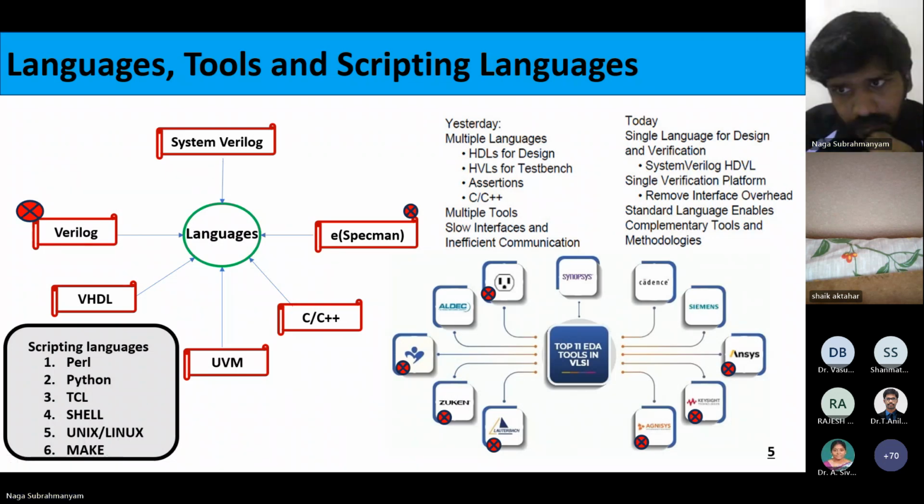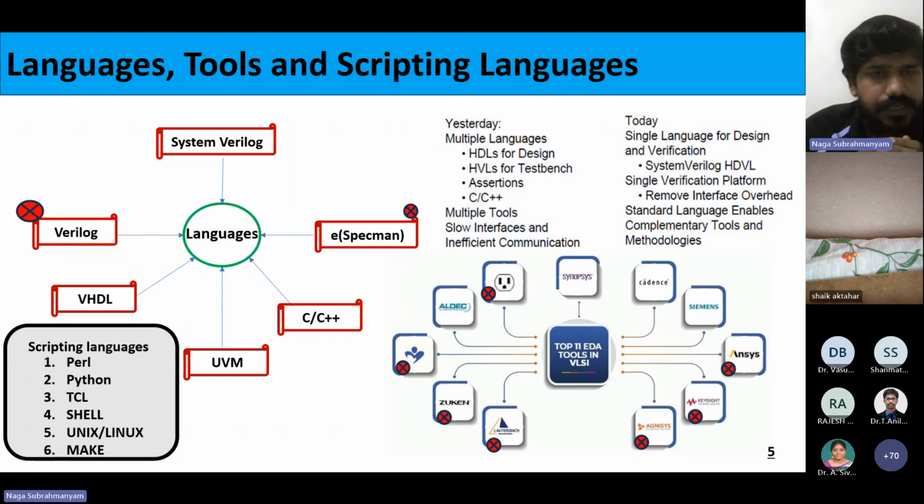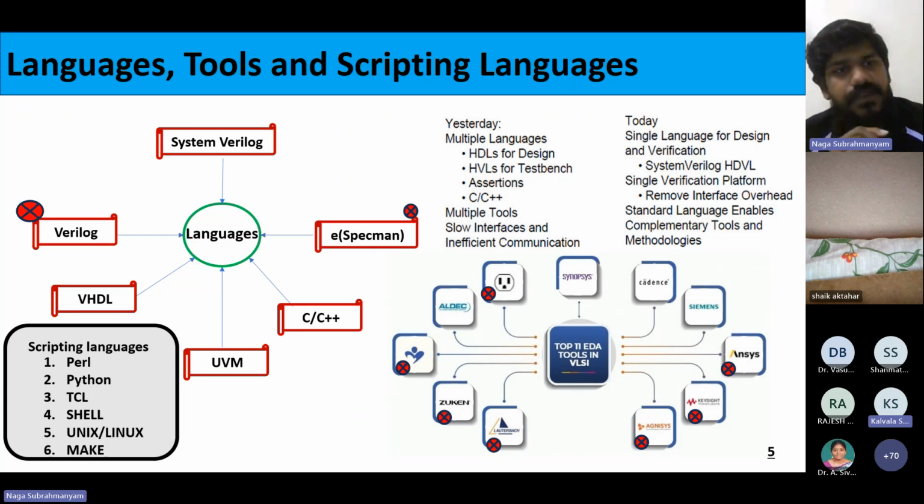There are so many enhancements done from Verilog to SystemVerilog. Most of the features they carried over, but we can say that the advanced version of Verilog is SystemVerilog, and they introduced many more things.